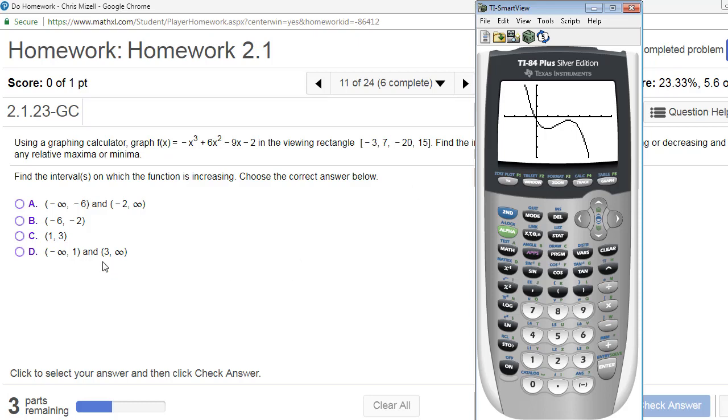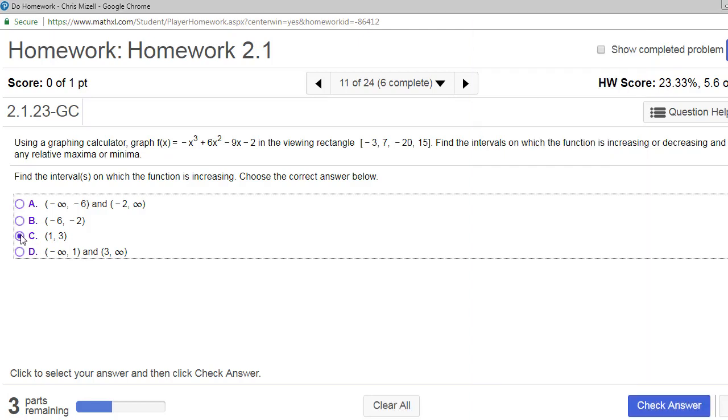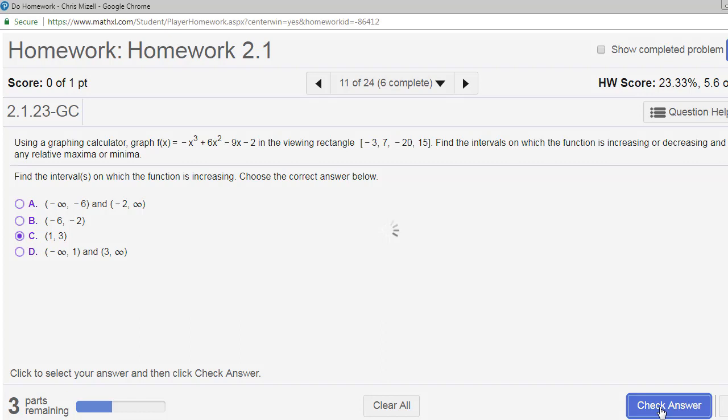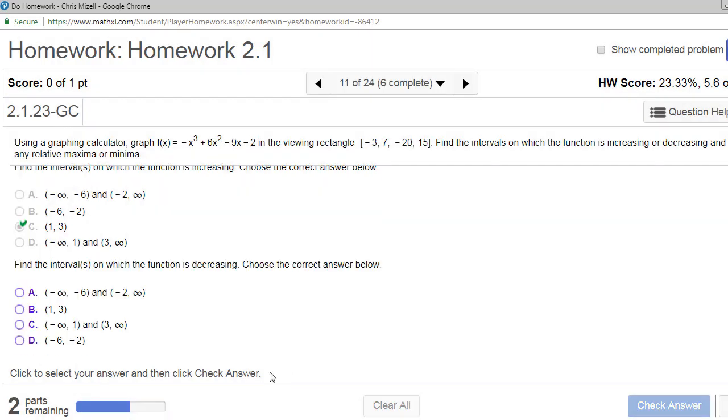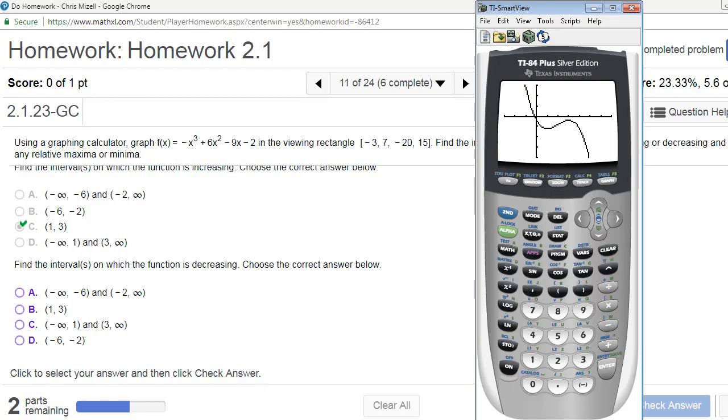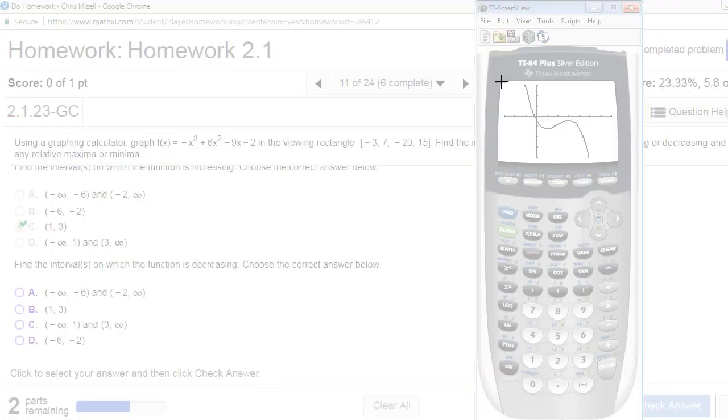So x equals 1, and then it increases until it gets to x equals 3. So I believe it's increasing on the interval from 1 to 3. The intervals where it's decreasing, maybe not a bad idea for me to capture this and write on it.